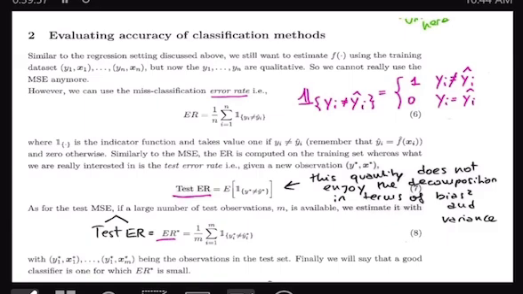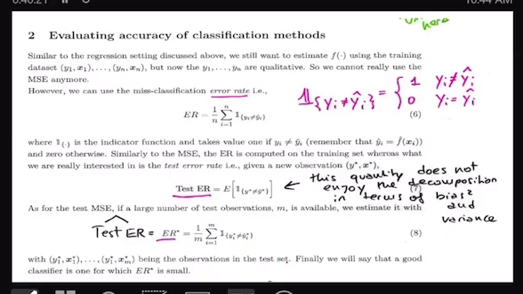Now, another thing I want to talk about, moving away from that, is of course, when you want to evaluate the performance of a model, when the interest is in classification, instead of using the mean square error, we use a misclassification error.